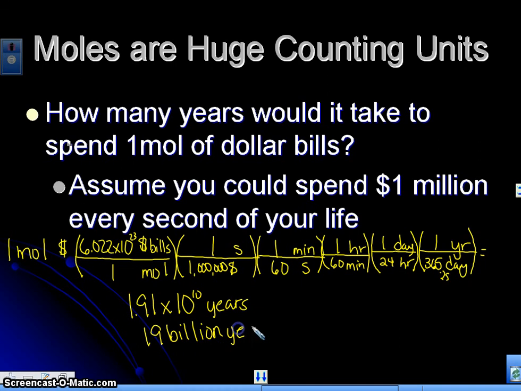So if you were spending $1 million a second, it would take you 19 billion years to spend 1 mole of dollar bills. So we've talked about the fact that moles really are huge, huge counting units.